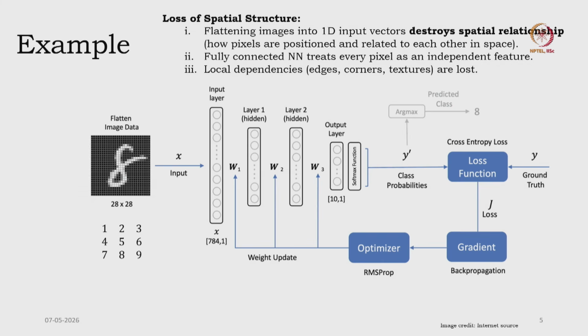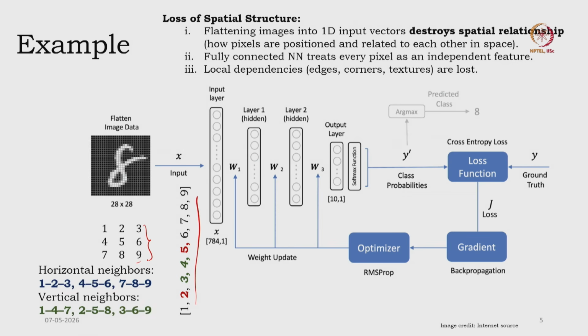Here the image is always seen in the form of a matrix of pixel values. Let us assume this is the matrix of pixel values. When we convert that into a single vector, this is how the single vector will be represented. Now, what exactly is the problem? When you look at this matrix, the horizontal neighbors are, for 1, 2 is a neighbor.